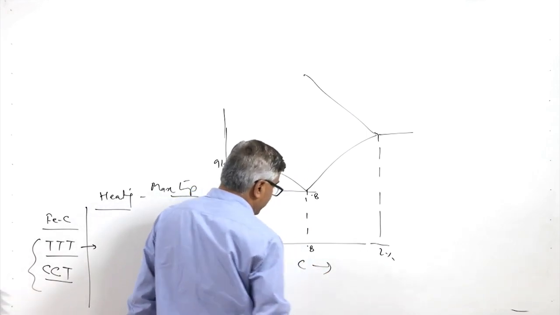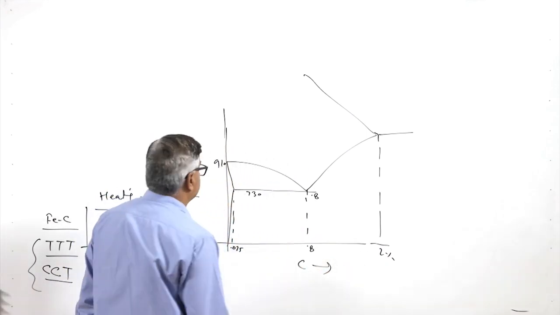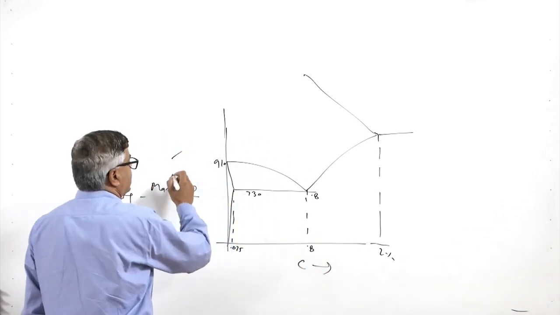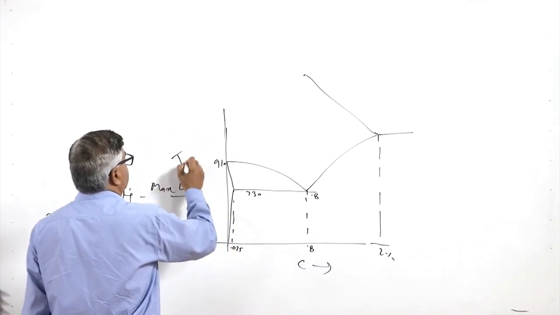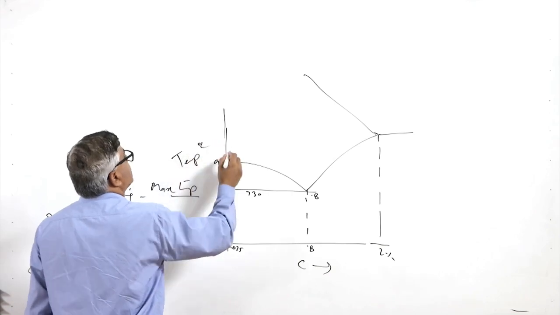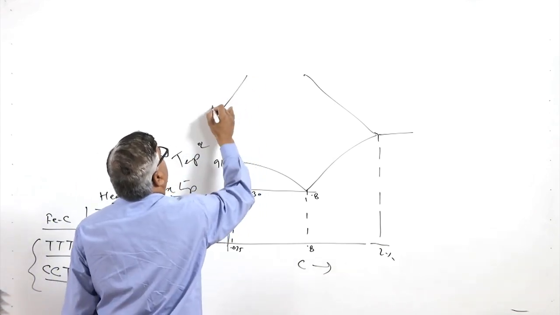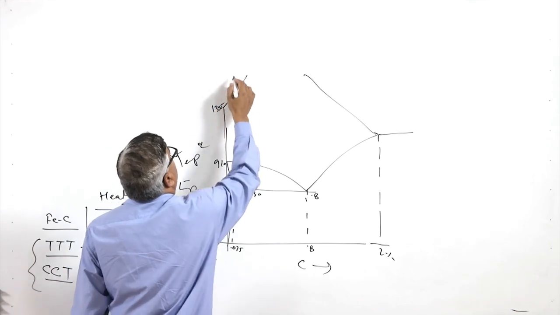So, in the x axis we have the carbon concentration in weight percentage, and in the y axis it is the temperature in degree centigrade.